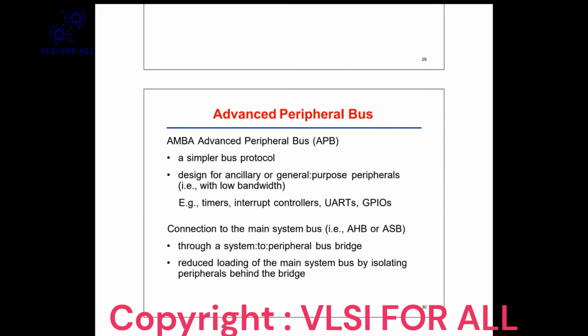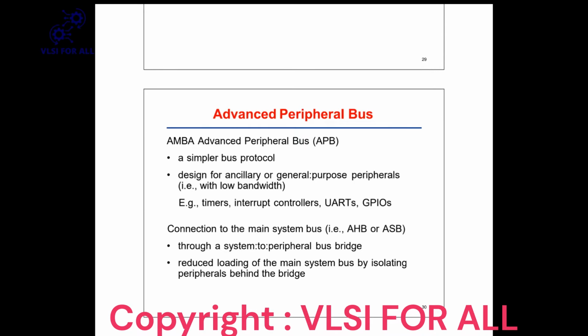In APB, why we are saying it's low performance, the main thing is that it requires two clock cycles to complete one transaction, and in case of AHB a single cycle is enough to complete one transaction. On the LHS side, we have seen that bridge. One transaction is going to come in one clock cycle at the RHS side of APB, but APB requires two clock cycles, so it cannot take the same transaction in one clock cycle, right?